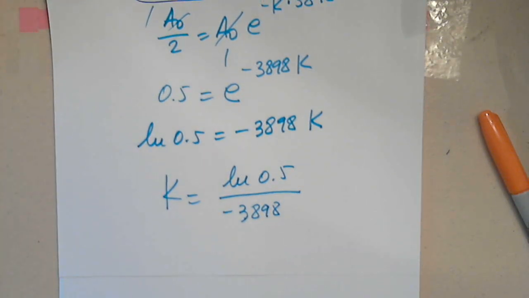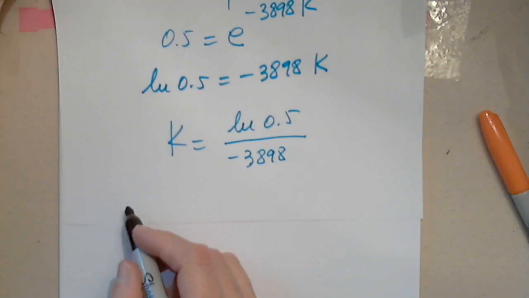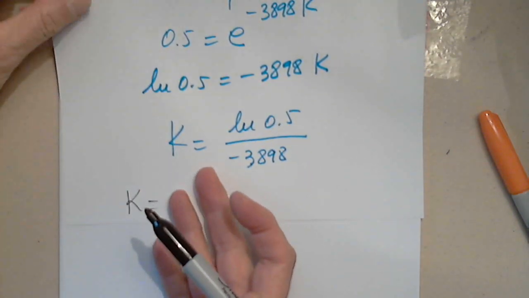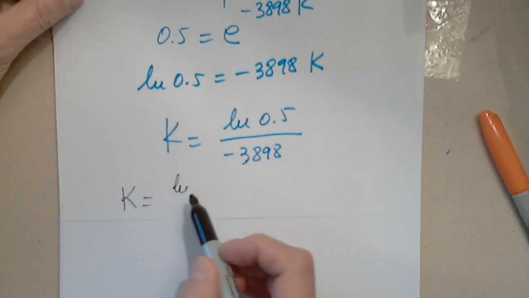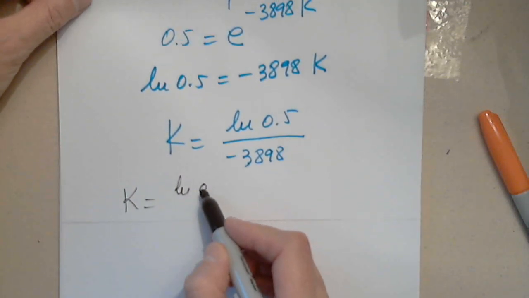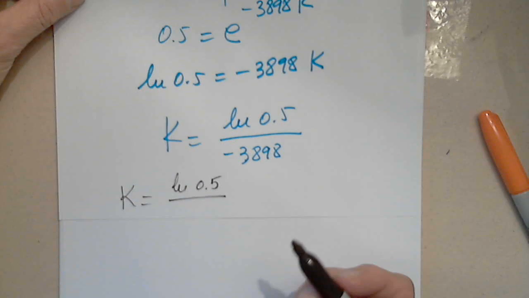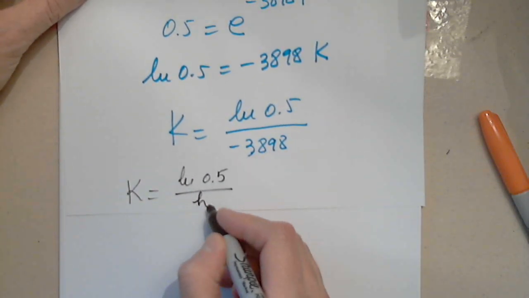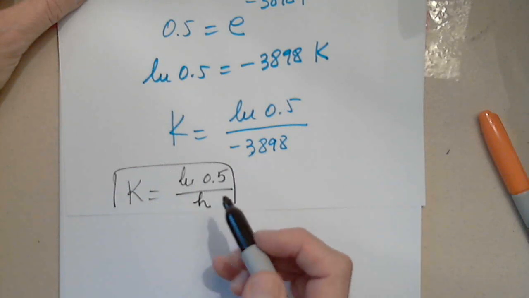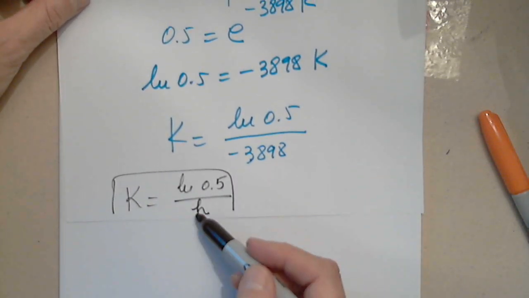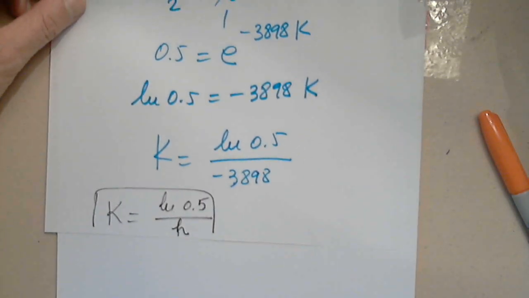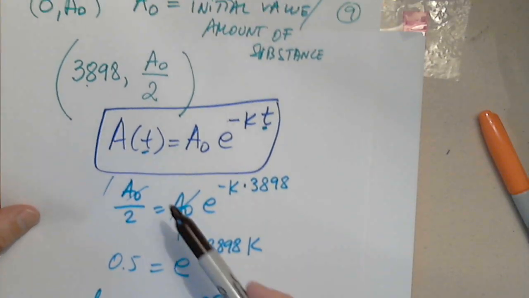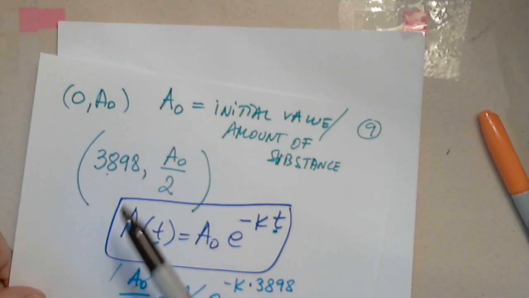Yes, this is a formula. I just don't like giving more formulas to remember. So any radioactive decay rate is natural log of 0.5, or 1/2, always divided by what you get as the half-life. If you want to memorize this formula, you can go ahead and do it, and you don't need any other explanation, but what we're doing here with a point is way more valuable.